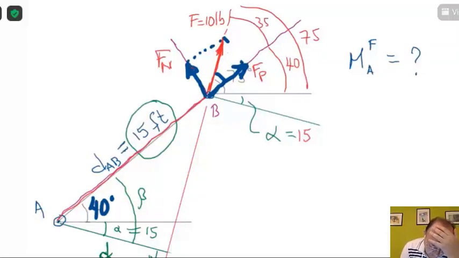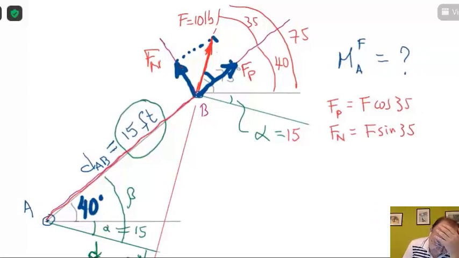So if we want the components of the force F, Fp equals F cosine 35, and F normal equals F sine 35.